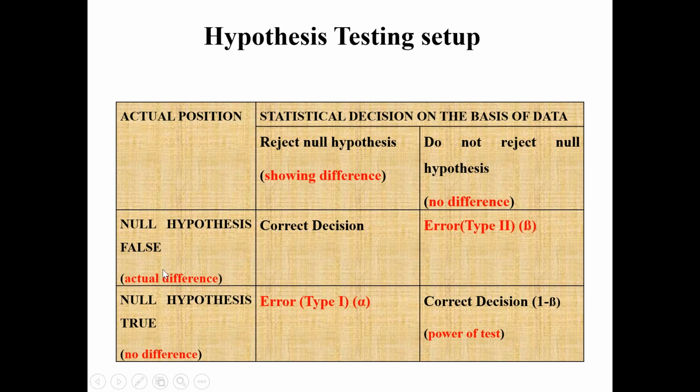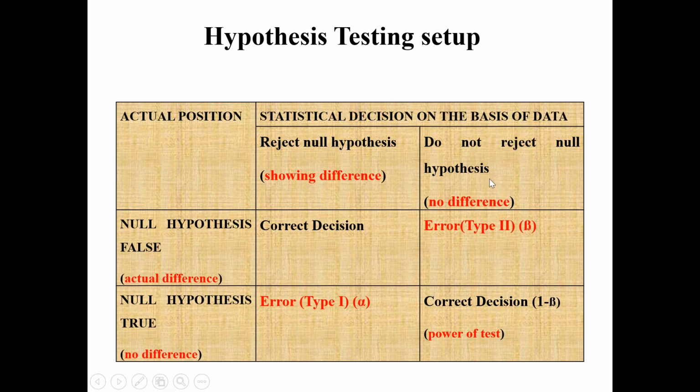If actually there is a difference, and the test is also telling you that there is a difference, then it's a correct decision. However, if the test of significance is not rejecting the null hypothesis, that means you are accepting the null hypothesis, telling that there is no difference between the two groups.